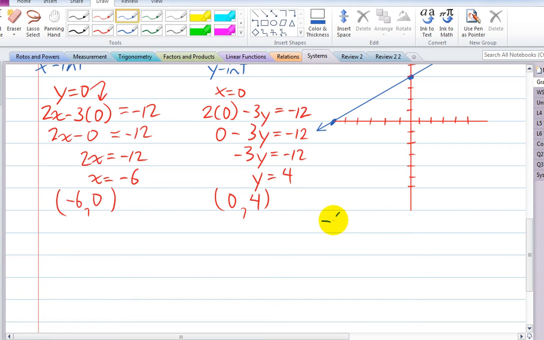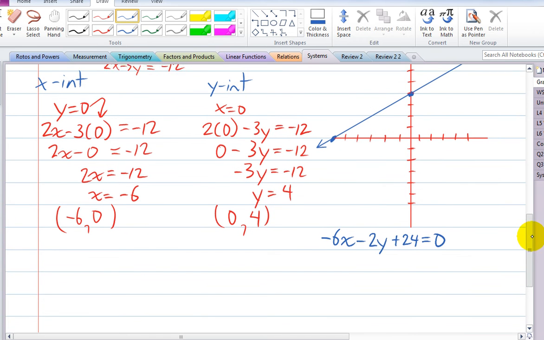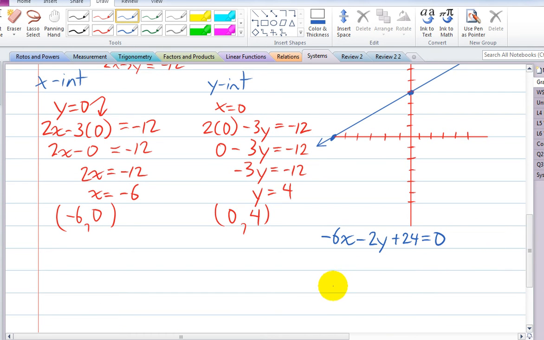Negative 6x minus 2y plus 24 equals 0. Graph that line by finding your intercepts. So find your x-intercept first, then go find your y-intercept. Go.